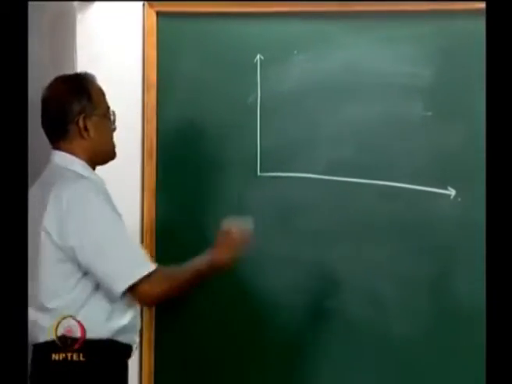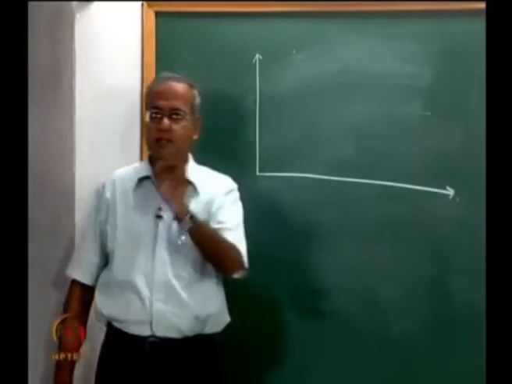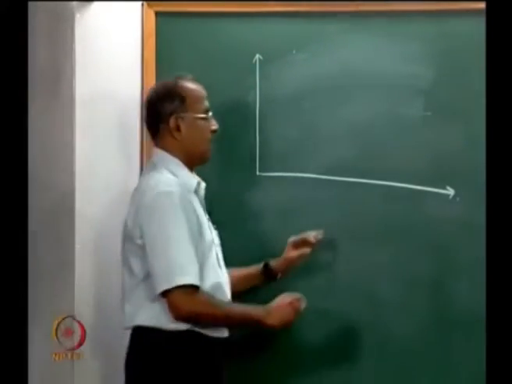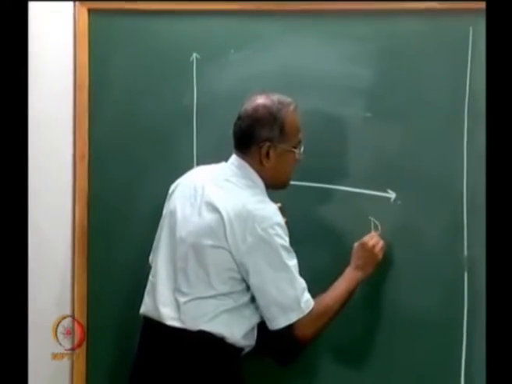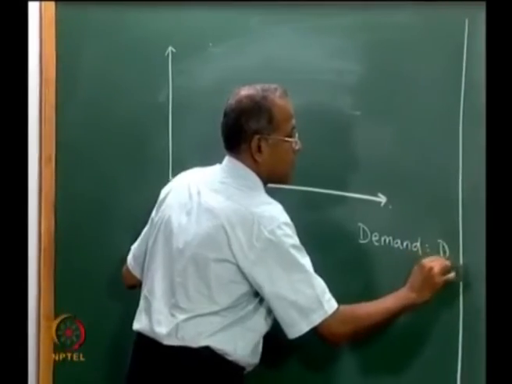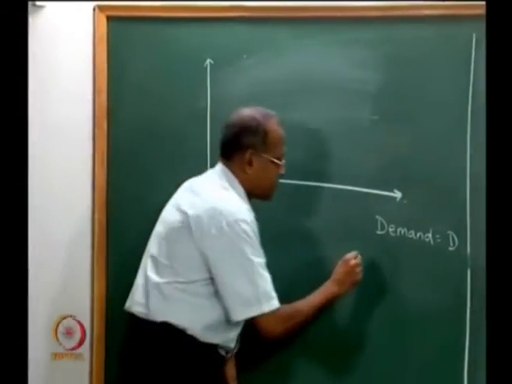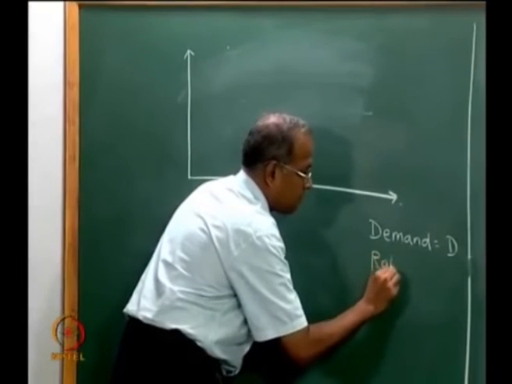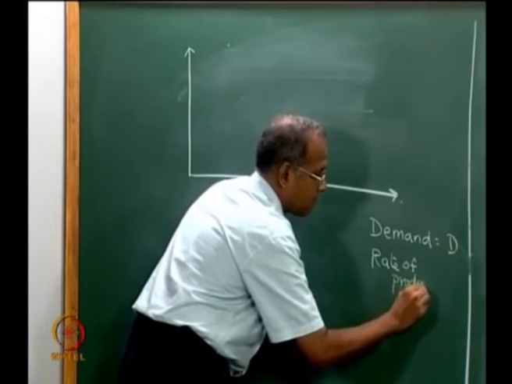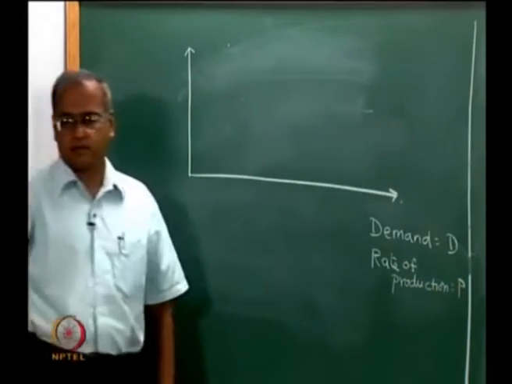So let us assume that a single machine or a single facility is going to make this particular part or this item, and let us assume that the annual demand for this item is D, the rate of production is P per year.